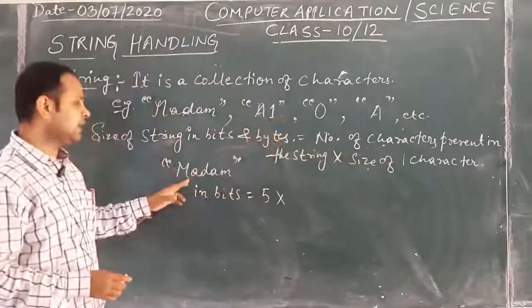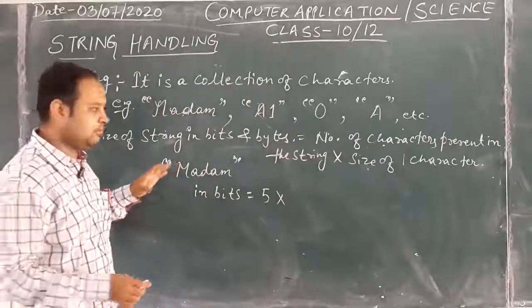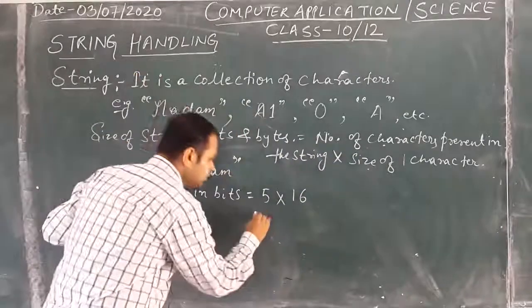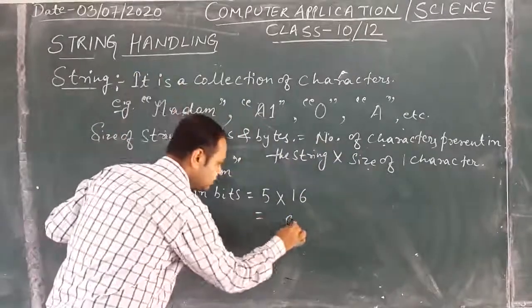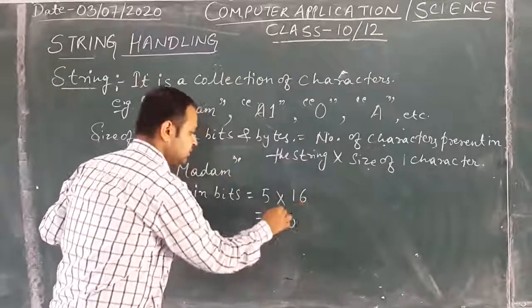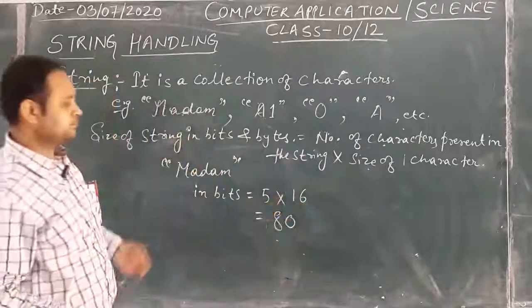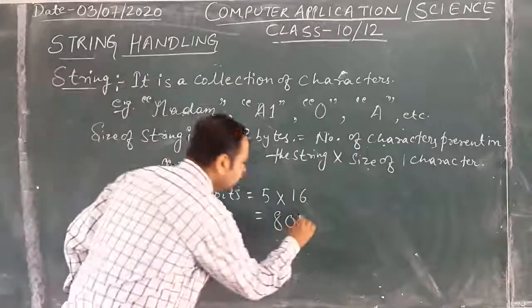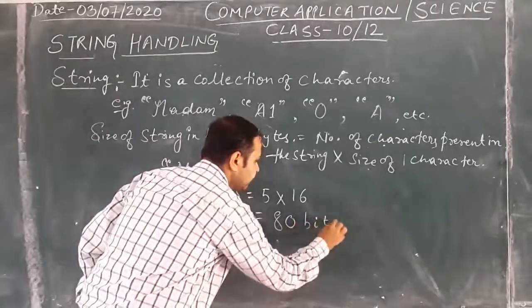The size of a single character is 16 bit. So multiplied with 16, we get 80 bits.